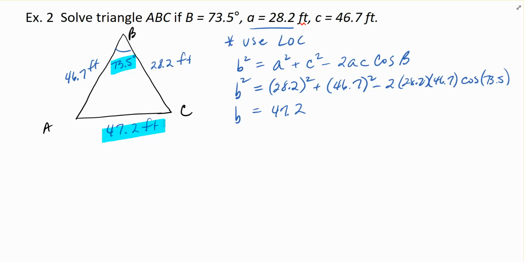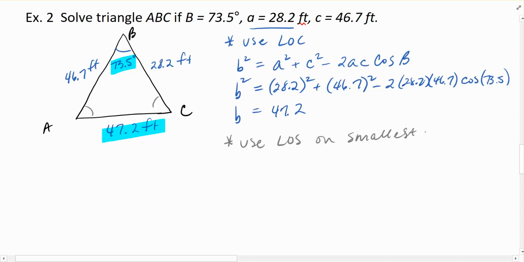So the way to avoid that is, at this point, I have 2 angles that I'm trying to look for. We want to choose the smallest angle to apply the law of sines on, and that's going to alleviate that ambiguous case for us. So we want to use the law of sines on the smallest angle remaining.